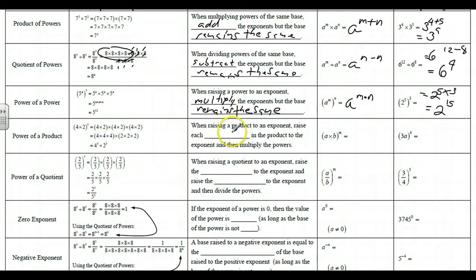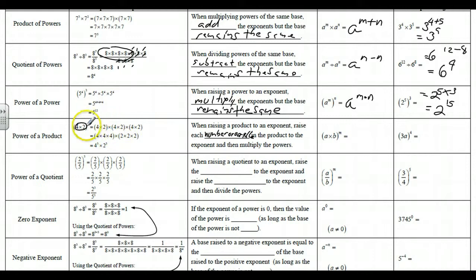So when we raise a product to an exponent, we raise each number or variable in the product to the exponent, and then multiply the powers. Basically each thing that's in here, right?